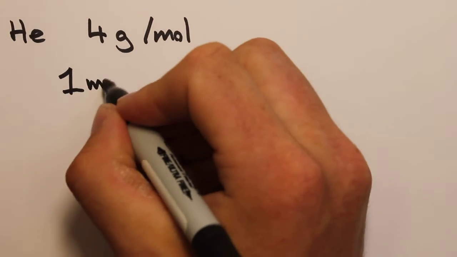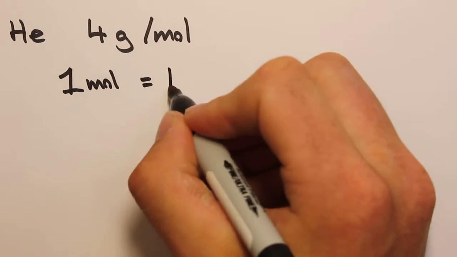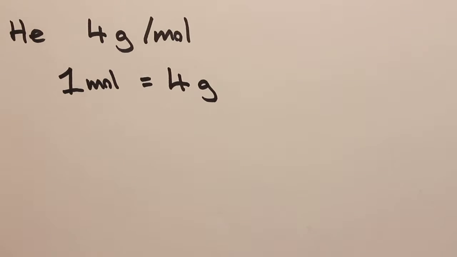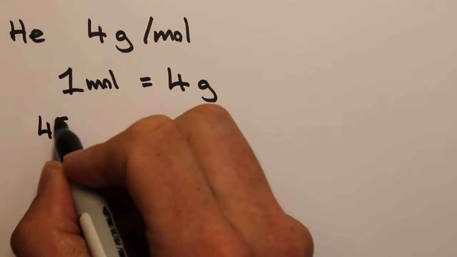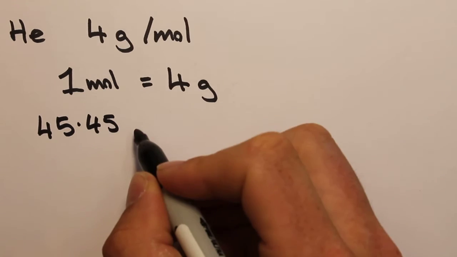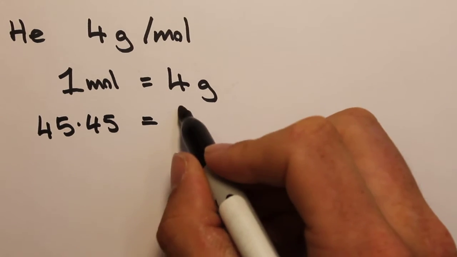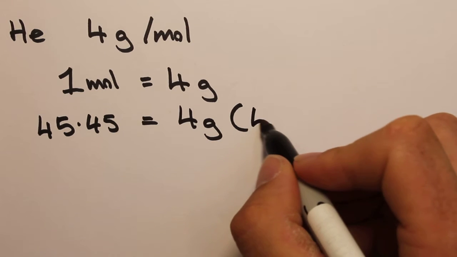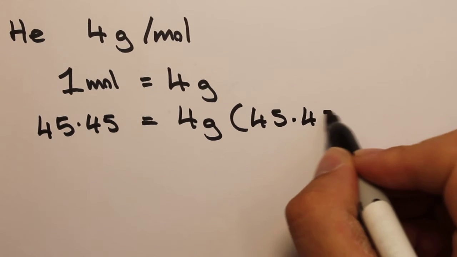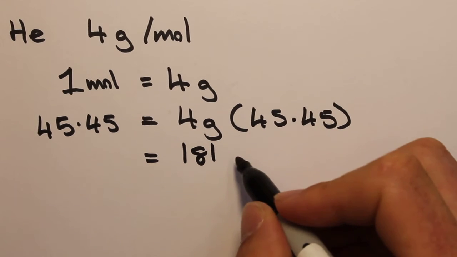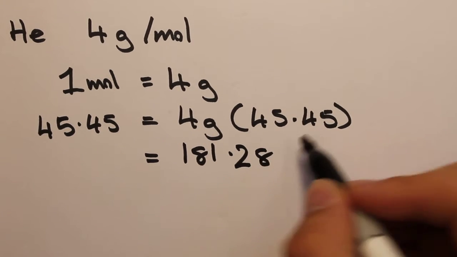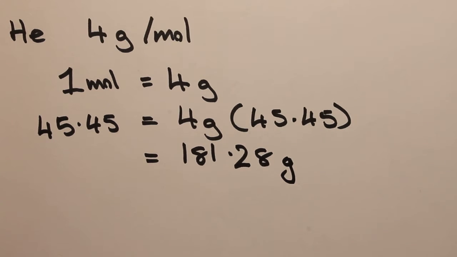And this is telling us that 1 mole is equal to 4 grams. So then we want to work out how many grams 45.45 moles would be equal to. So we need to multiply our 4 grams by 45.45, and that's going to equal 181.28 grams.